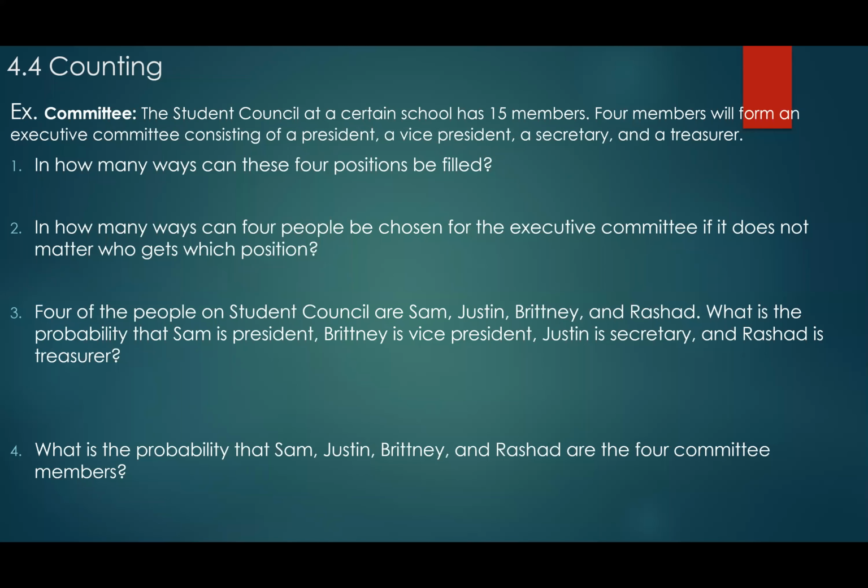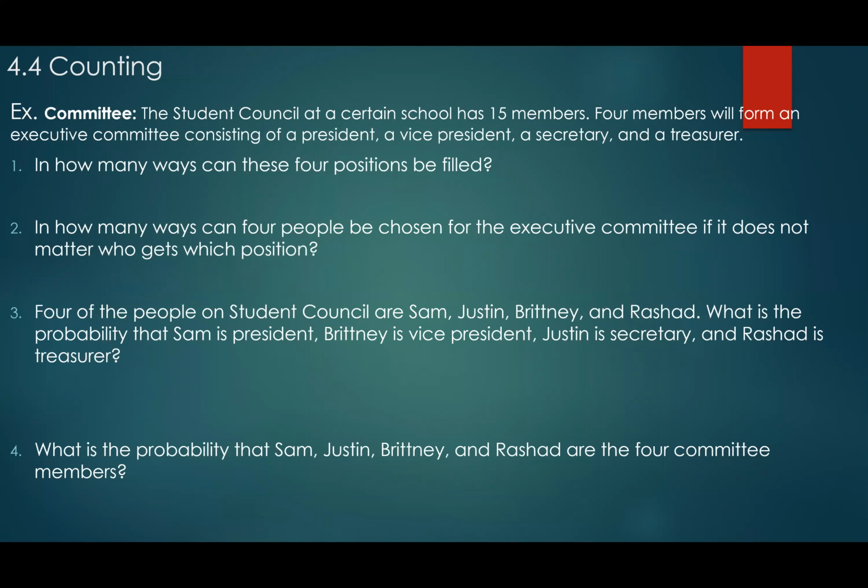So again, as long as you can determine that we have the total and we're choosing this many, and if the order matters, we use permutation. If the order doesn't matter, we use combination. In this case, they give you a specific title, specific ranking. So because there's ranking, because there's some order, we need to choose the permutation.